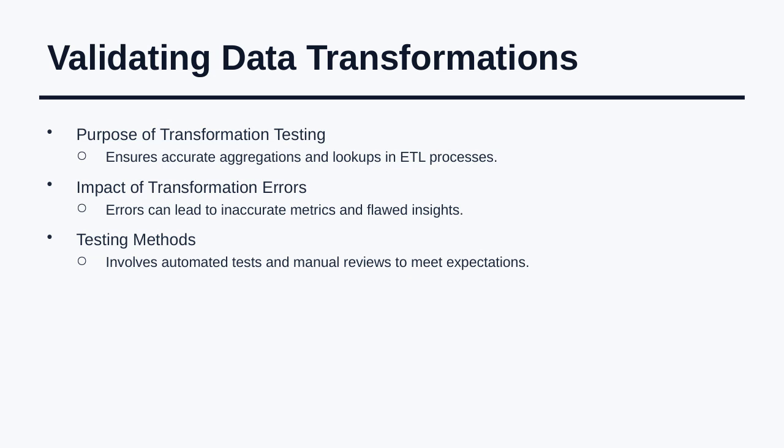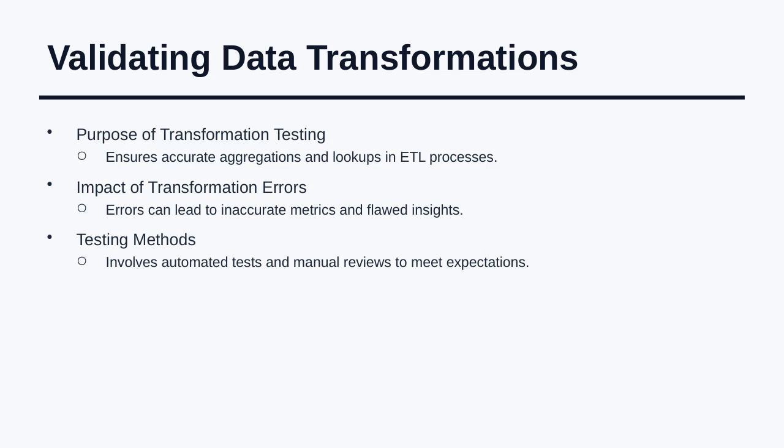When we talk about validating data transformations, the main goal is to make sure that all the calculations, aggregations, and lookups happening during the ETL process are done correctly. If there's a mistake here, it can cause the numbers to be off or the reports to show misleading results, which can lead to poor decisions.